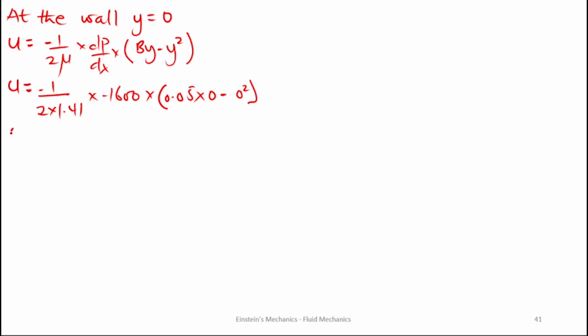So this will render the u to be 0.00 meter per second. What does this mean? This means that at the wall, there's no movement of the molecule. That's what we call no slip condition. Remember, no slip condition. So at the wall, those particles attached to the wall are stationary. That's why we are getting the velocity of 0.00.